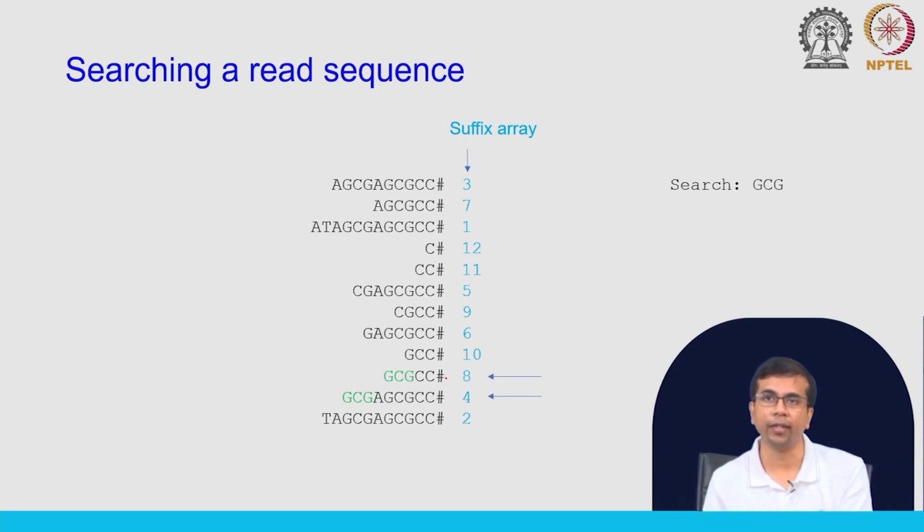Because of this sorting, it is a very efficient process. Once we have found this, we can look at the locations. You have 4 and 8, and this is where this read actually occurs. So, if you remember, this read occurs at two places. This maps to multiple regions, and here we see them because they are mapping to two different positions, two different suffixes starting from two different positions. This means this is a repeat sequence that is present in the reference genome.